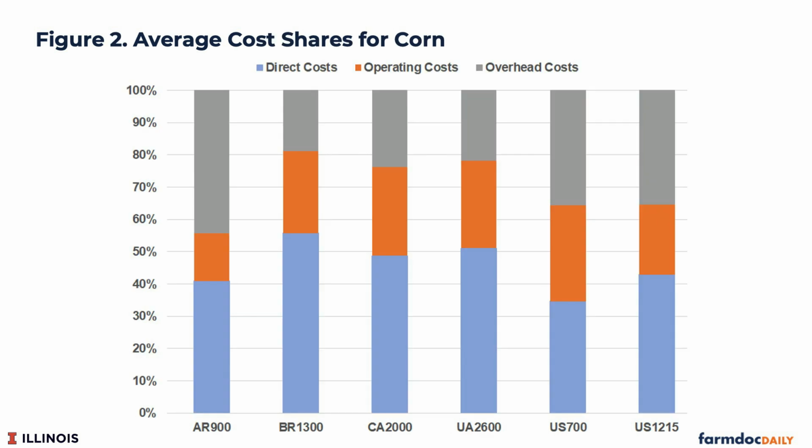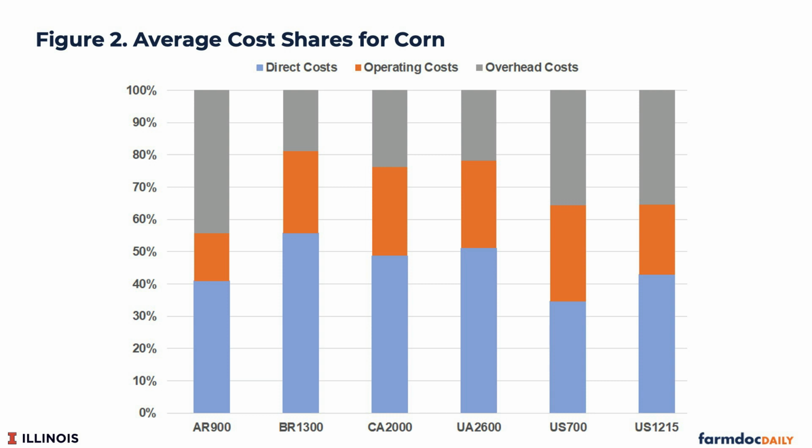Input cost shares. Due to differences in technology adoption, input prices, fertility levels, efficiency of farm operators, trade policy restrictions, exchange rate effects, and labor and capital market constraints, input use varies across corn farms. Figure 2 presents the average input cost shares for each farm. Cost shares were broken down into 3 major categories: direct costs, operating costs, and overhead costs.